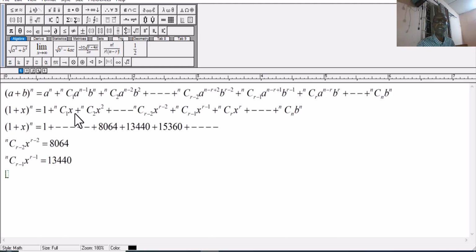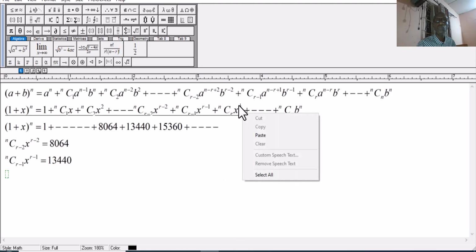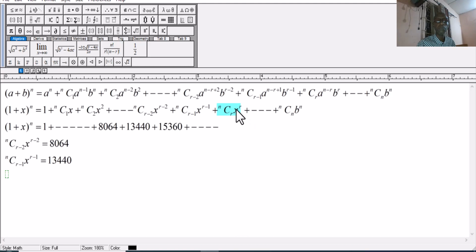Then the last one is this one, equal to 15360. So these are the terms.